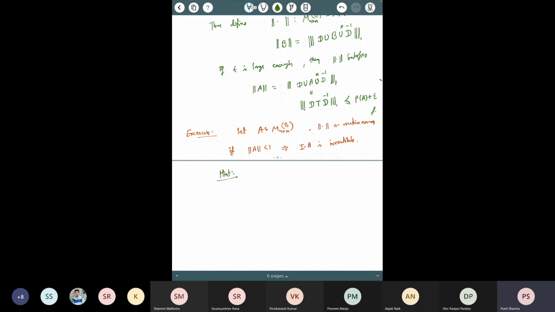So we need to show that I minus A is invertible. If I show that all the eigenvalues of I minus A are non-zero, then definitely it is invertible, right? So can you see that all the eigenvalues of I minus A are non-zero from the information that the norm of A is less than 1?